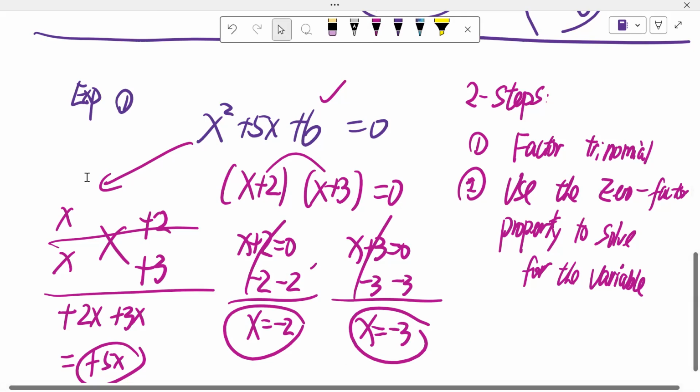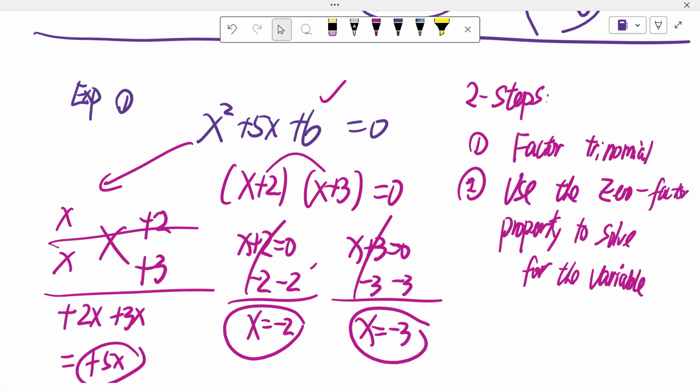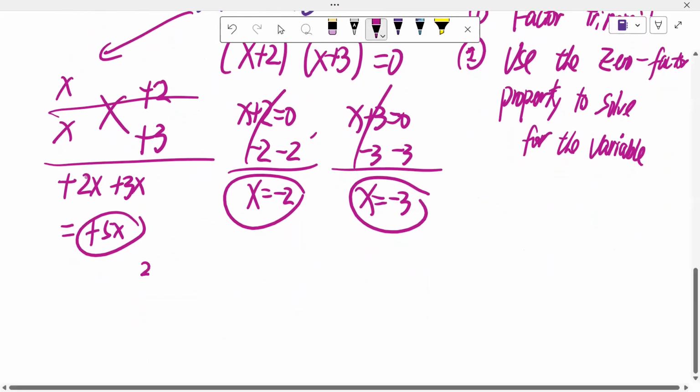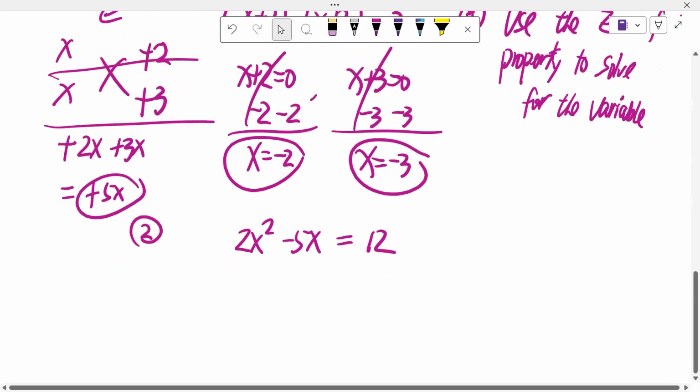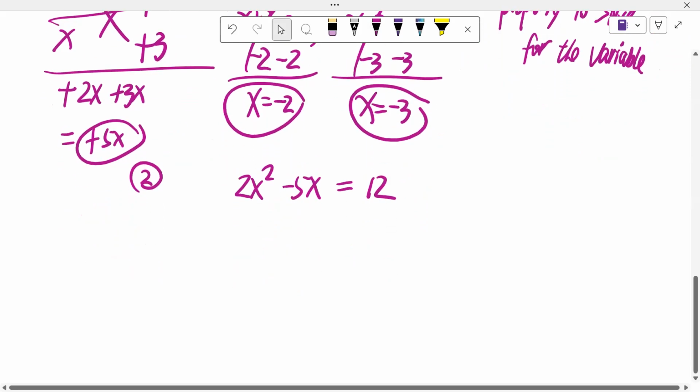Now let's take a look at another example. Example 2. We get 2x squared plus 5x equals 12. Now this is still a quadratic equation, right? But the constant is on the right hand side, so we're going to convert it.